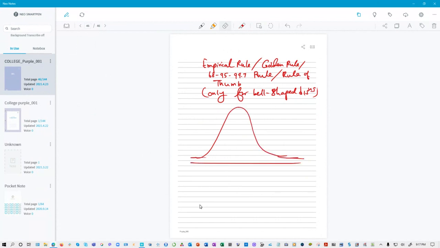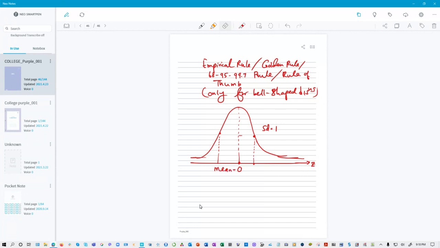There's a very interesting thing here. Instead of working with X or Y, we're going to work with Z, the Z-score. As I mentioned, the Z-score always has the middle at 0.